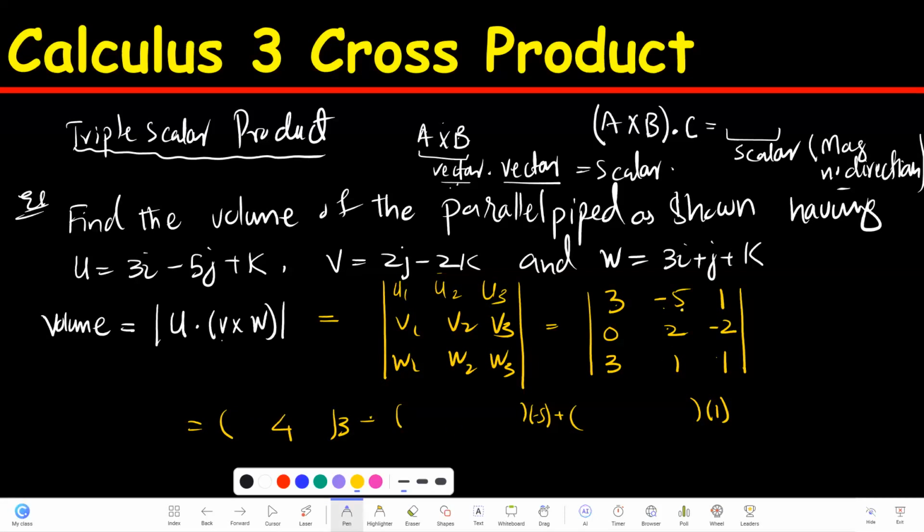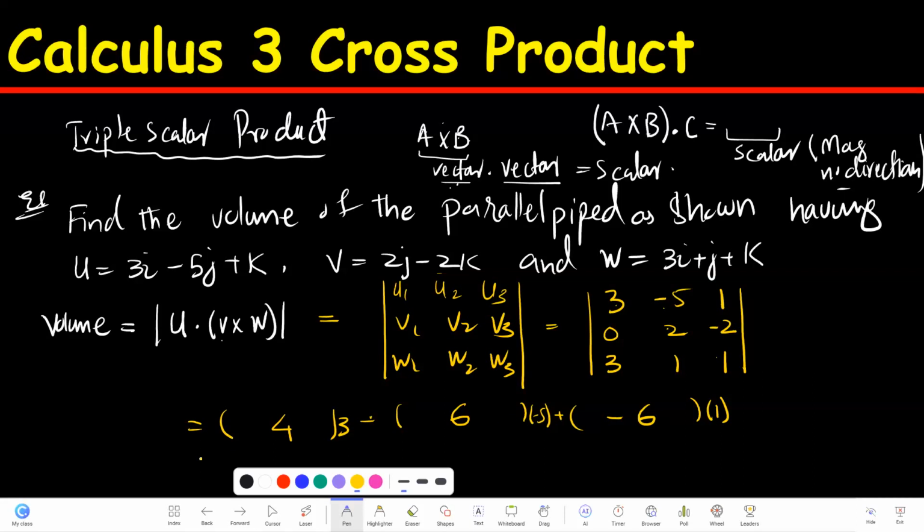For the second parenthesis, I'm going to ignore this row and this column. So 2 times 1 is going to be 0, and then minus 6, and then minus minus is going to be plus, so it's just 6 with a plus sign. The last one is going to be minus 6. Okay, I multiply these two and these two.